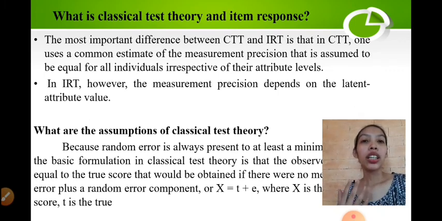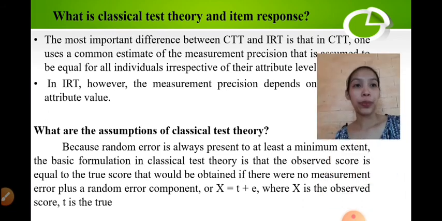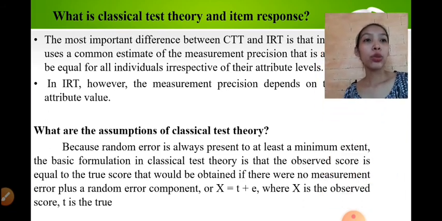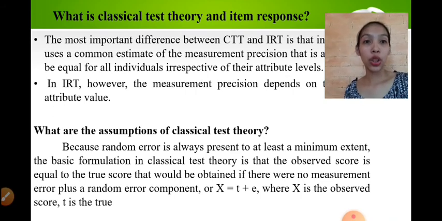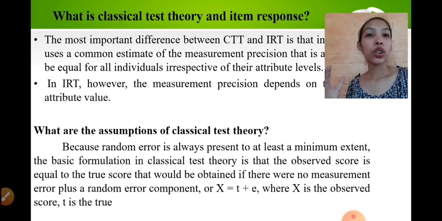What are the assumptions of classical test theory? Random error is always present to at least a minimum extent. The basic formulation is that the observed score is equal to the true score that would be obtained if there were no measurement error, plus a random error component, or X equals T plus E, where X is the observed score and T is the true score.